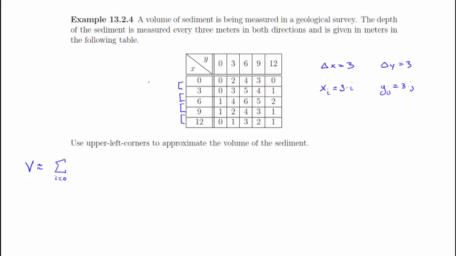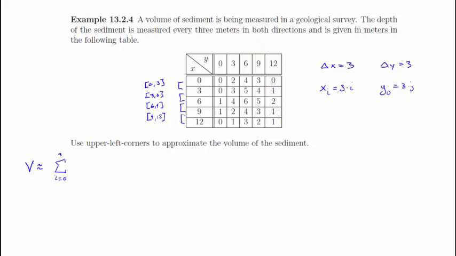So the first interval is from 0 to 3, the second interval is from 3 to 6, the third interval is from 6 to 9, and the fourth interval is from 9 to 12 in the x direction. We'll have the same set of intervals in the y direction here, 4 of them.